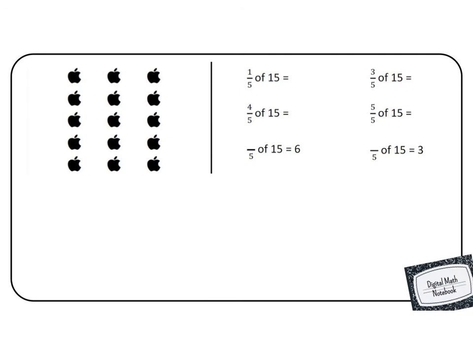All right, friends, you have this picture of the apples in your digital math notebook. So let's go ahead and solve these together. The first problem says 1/5 of 15. So we have 15 apples here, and we're going to look at this 5. The 5 is going to tell us which direction our circles should go. So we have 3 rows, but we're not finding thirds, we're finding fifths. So we're going to go with the long ways, the horizontal column. So if I circle one of them, that would be 3.